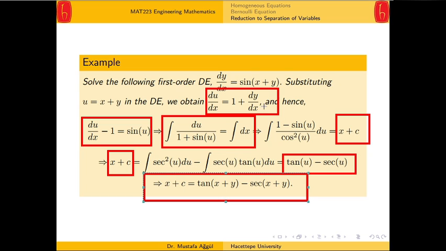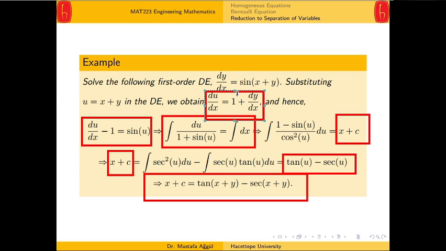Now, if we hadn't done this substitution, this would be quite hard to solve, because this sine of x plus y doesn't look separable or linear. We could maybe use some ideas like separating it into sine x cosine y plus cosine x sine y, but this might not even lead to any solution.